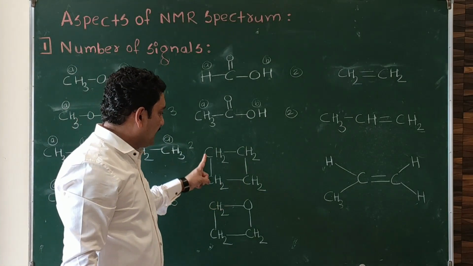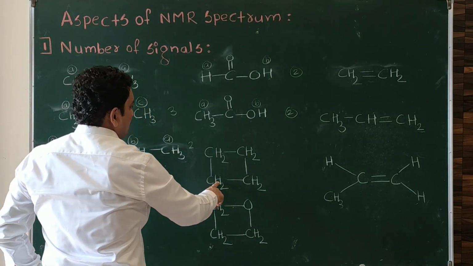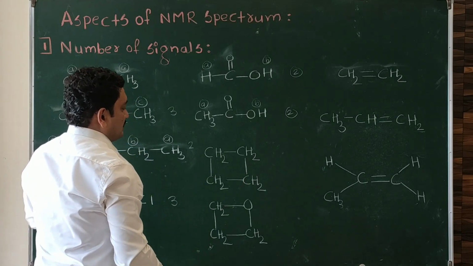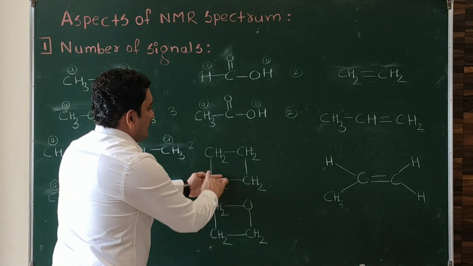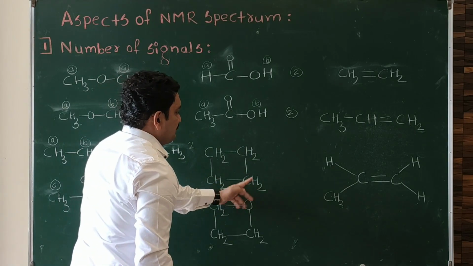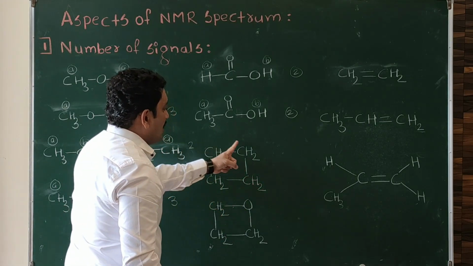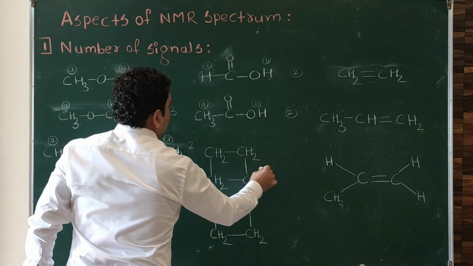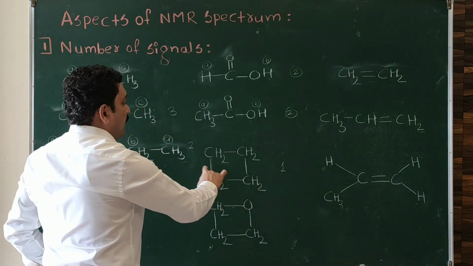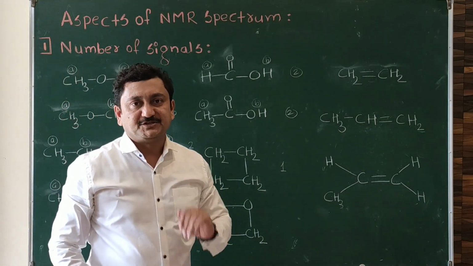Now cyclobutane, there are 4 CH2; we will check, they may or may not be equivalent. For this one the environment is 3 CH2, for this one 3 CH2, for this one 3 CH2. All CH2 have an equivalent environment. So A, the number of signals will be 1. All 4 CH2 are equivalent to each other.